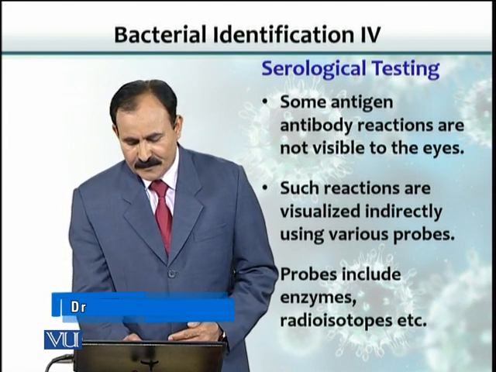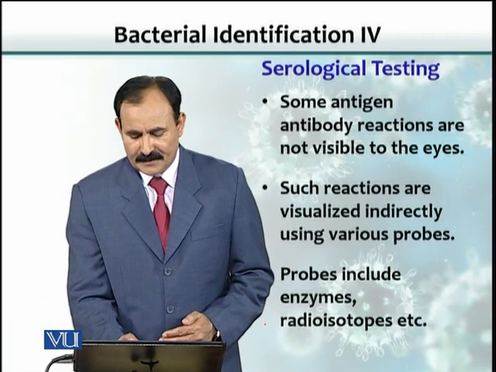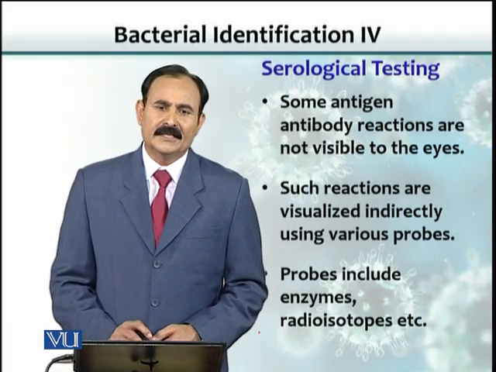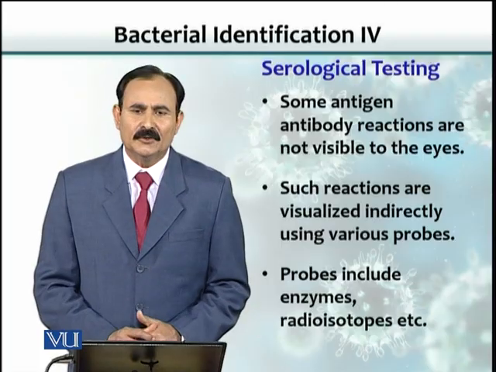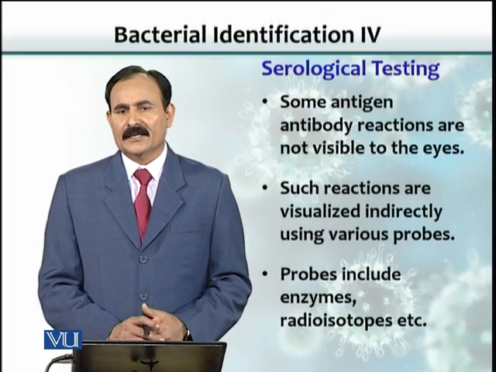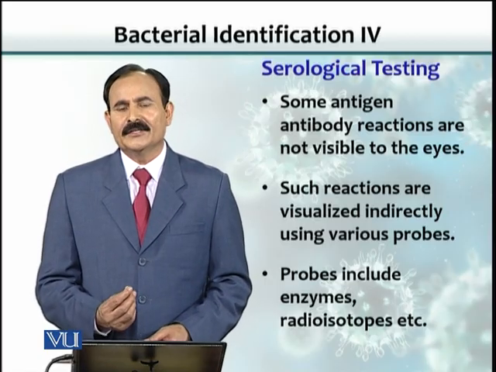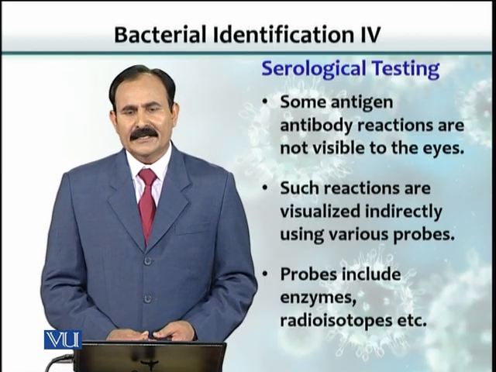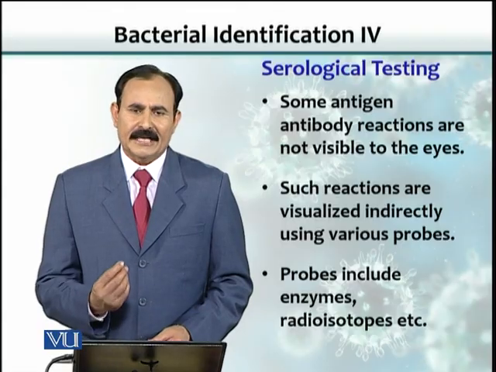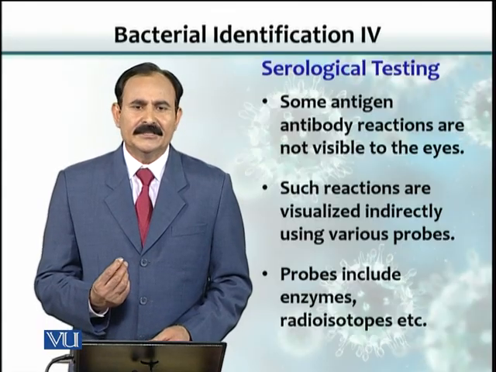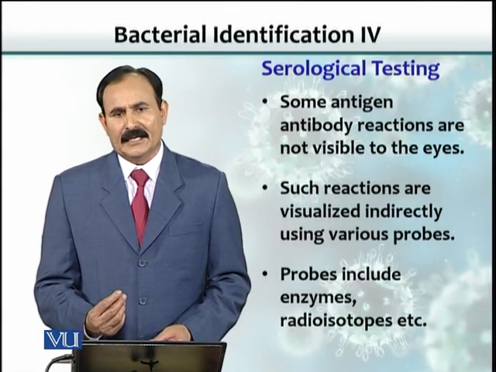Those probes could be enzymes or radioisotopes. These enzymes and radioisotopes, or even fluorescent dyes, are combined or conjugated with the antibodies and then used for detection of either the antigen or the antibodies in ELISA.